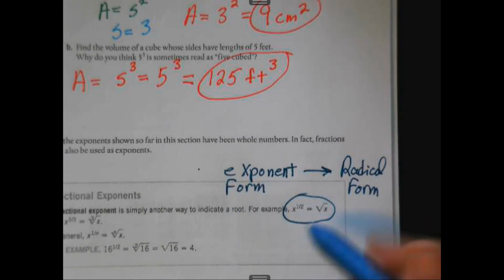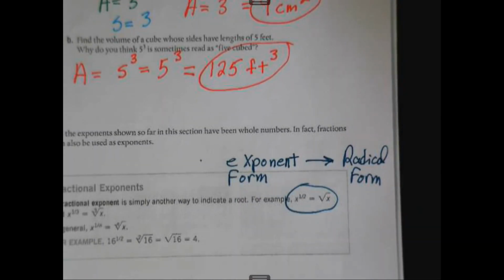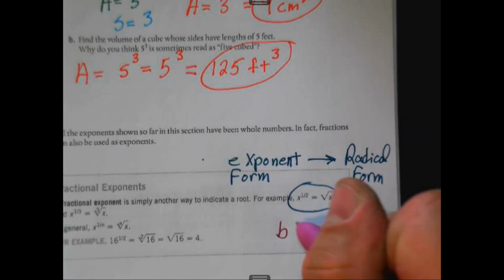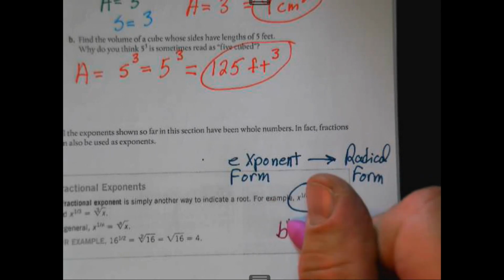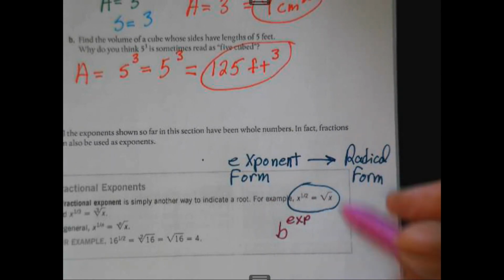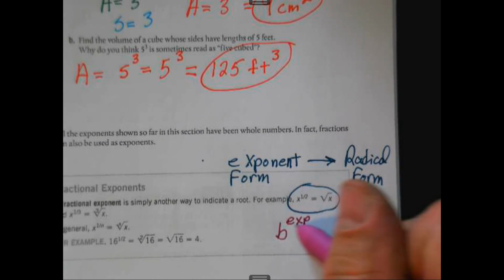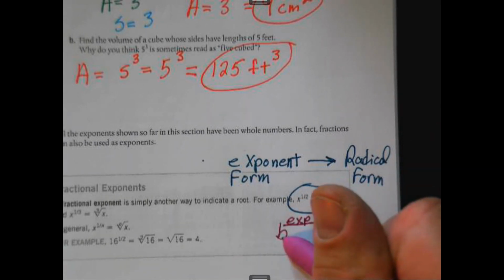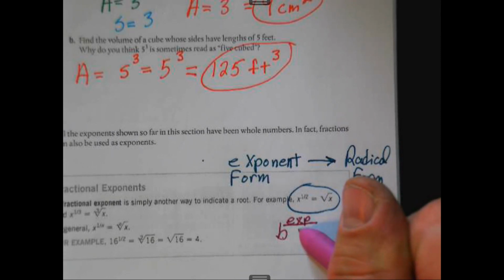And the way that we did that was if I have a base to the exponent in exponent form, it's the base to the exponent over the root.